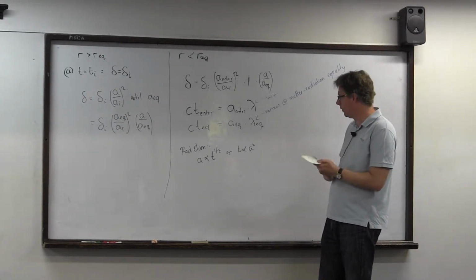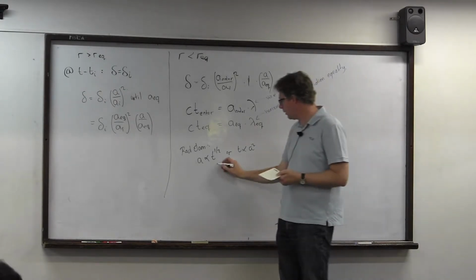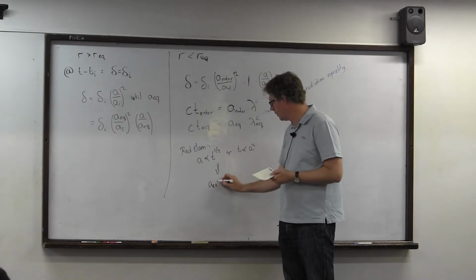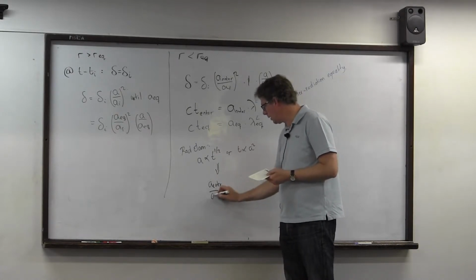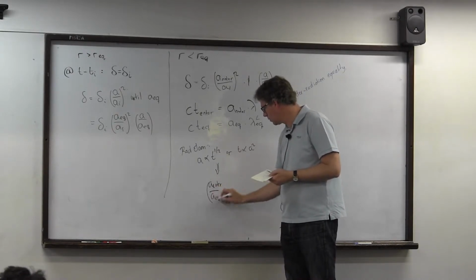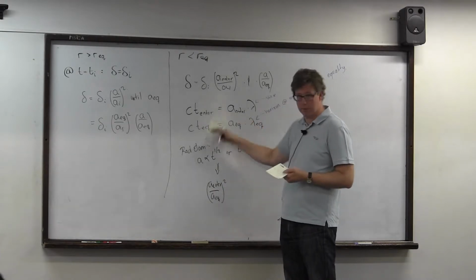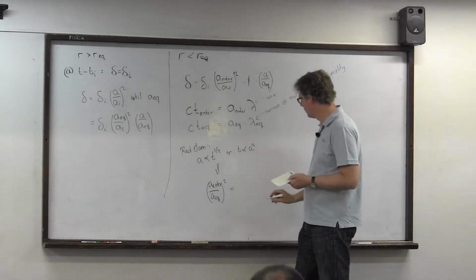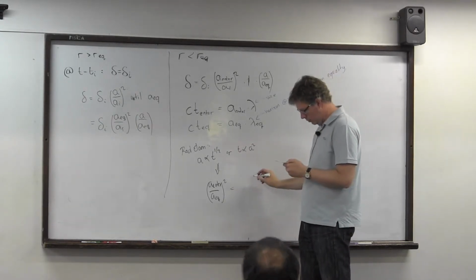And that means that you can now write this down, and you will get A enter over A equality squared. That's this side, the ratio of the left-hand side, is equal to A enter over A equality, lambda over lambda equality.